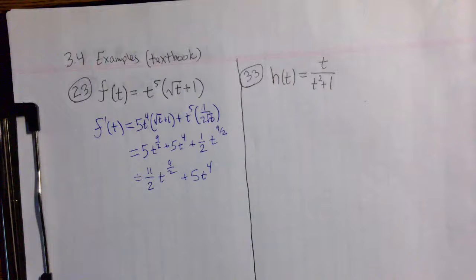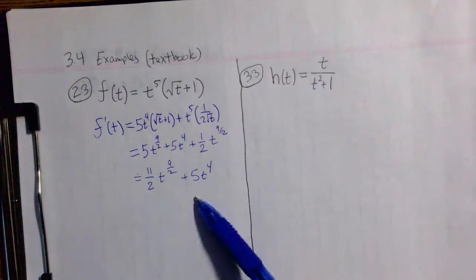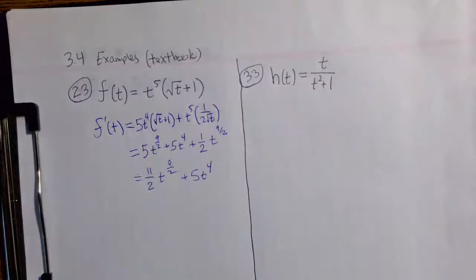I encourage you to take this, look back at the original function, and take the derivative the other way that we have available in this case, which is to first multiply out and then take the derivative. And you may very well find that for this example you prefer that, and that's fine.